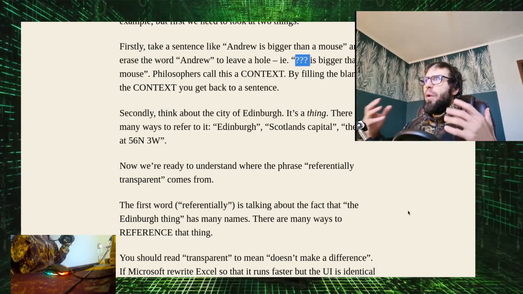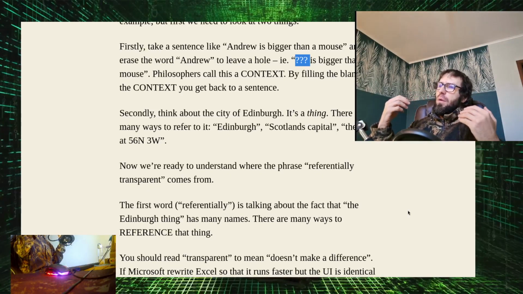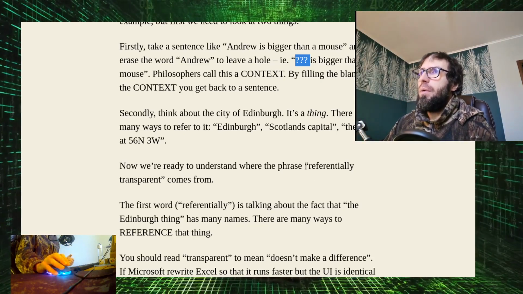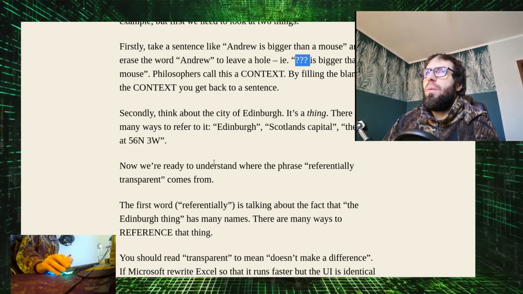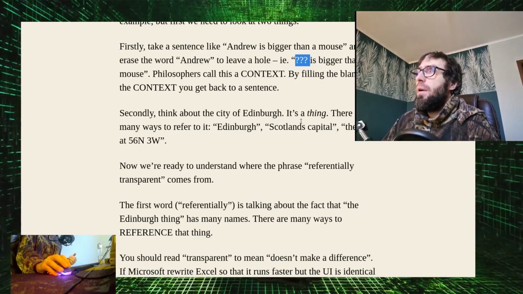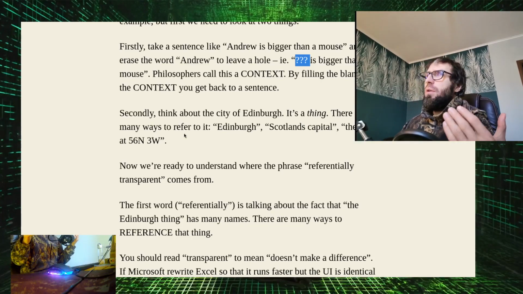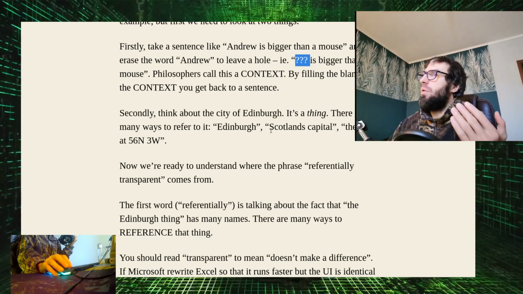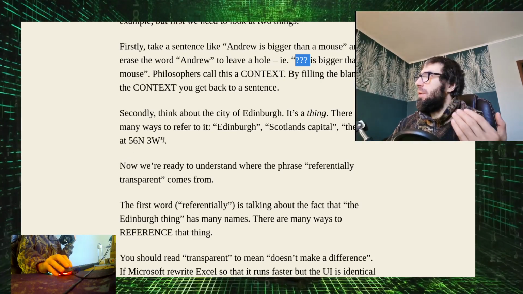And also here we can understand how this term, referential transparency, was created. Why referential? For example, if we have the city Edinburgh, it is a thing. There are many ways to refer to it or express it. We can say Edinburgh, or Scotland's capital, or the city at this location.